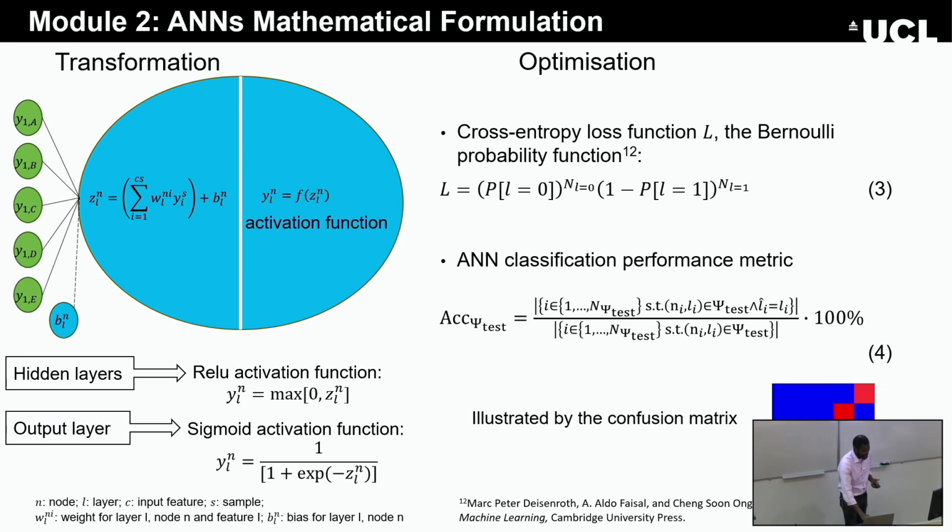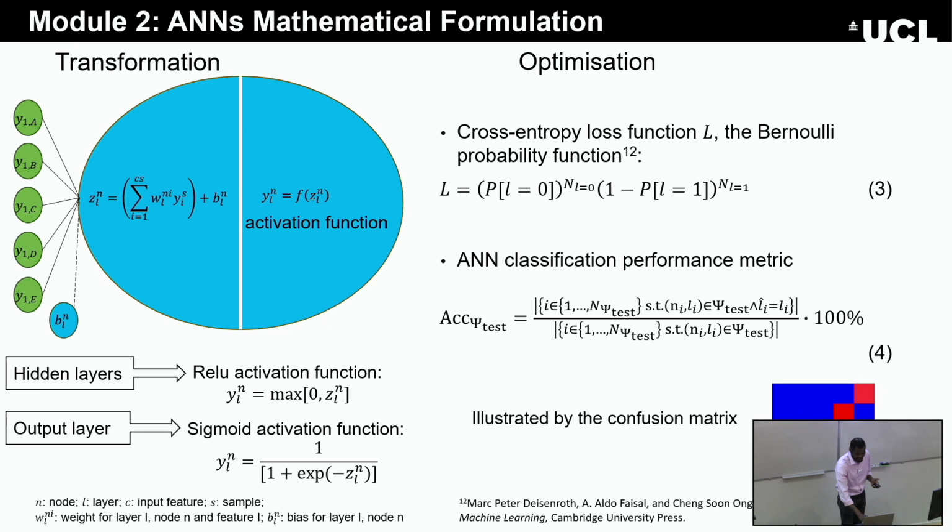And it is on the test set, making sure that we are not using the same data that we use to train the network for the performance evaluation. And this accuracy is illustrated using the confusion matrix.